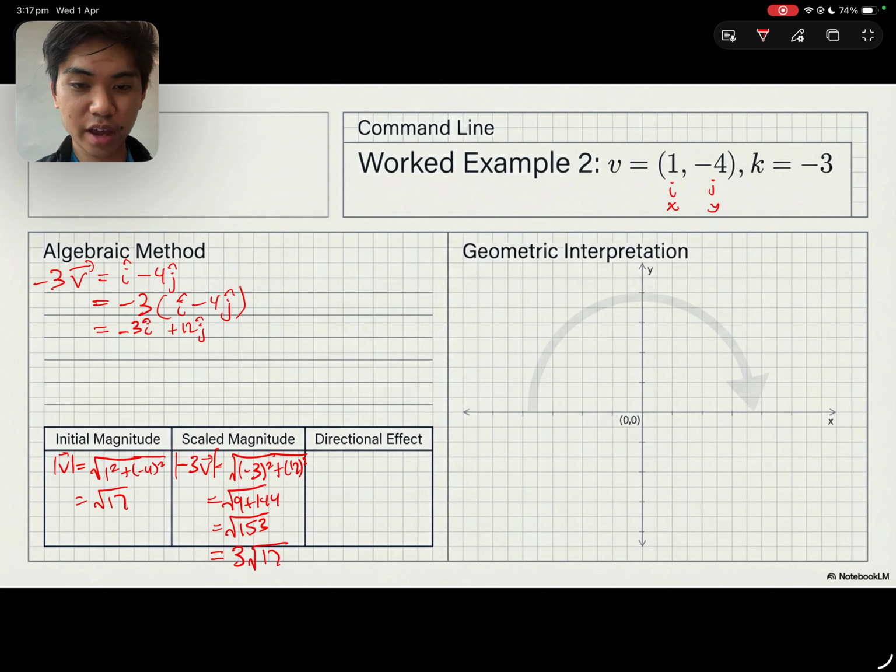Because we can divide 153 by 9 perfectly, which will give us 17, okay?